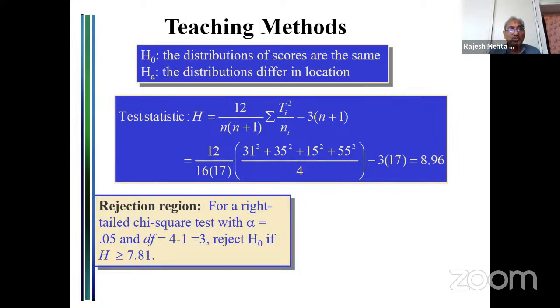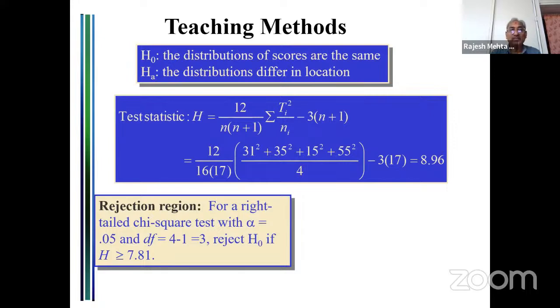So reject H0 if H is more than 7.81. Here we need to look at the chi-square table in which the degree of freedom is 3.